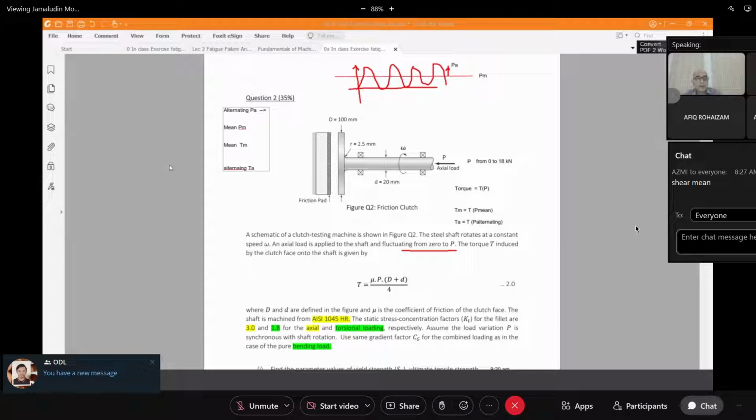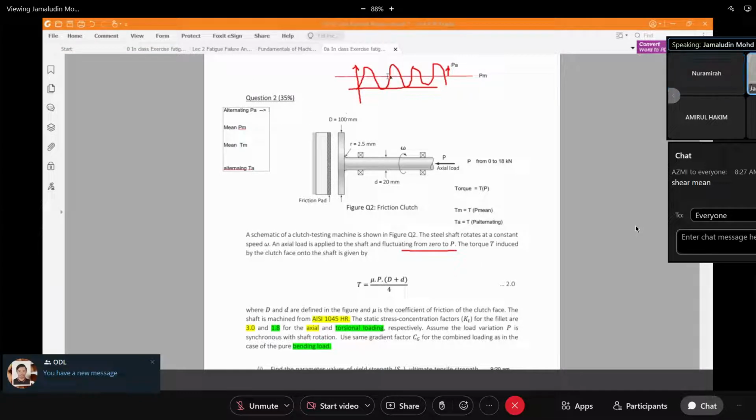Nur Amirah. Nur Amirah. Yes. Alternating axial loading will produce sigma alternating, sigma mean, or shear alternating or shear mean. Sigma mean. Alternating axial loading will produce what?